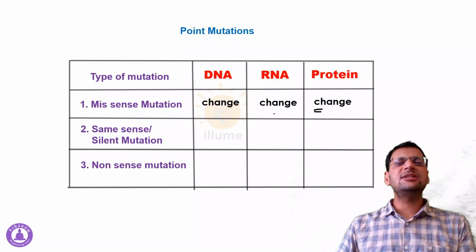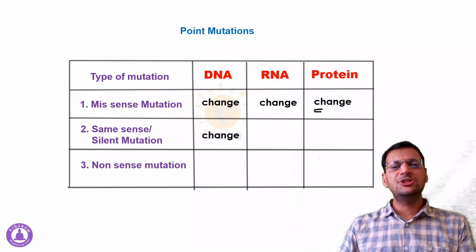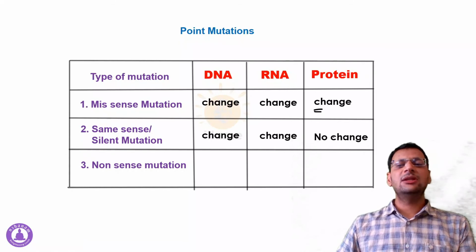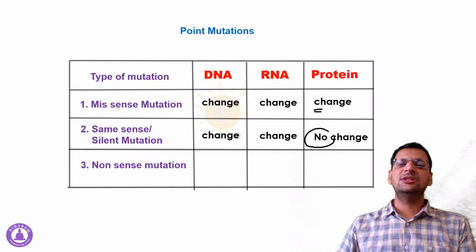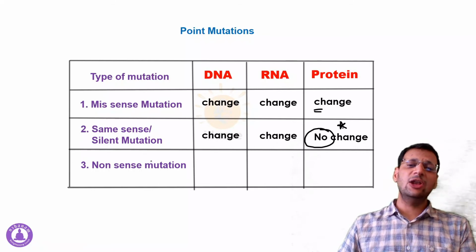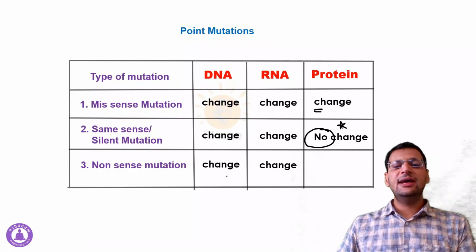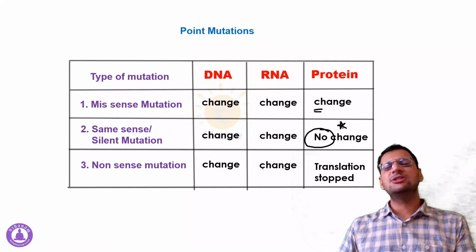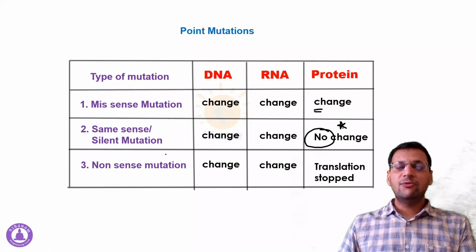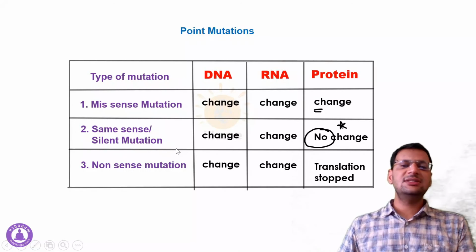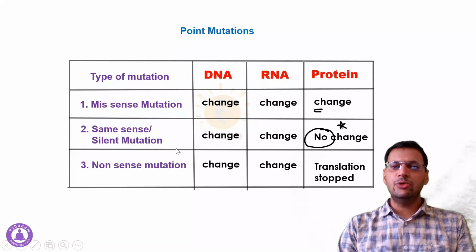In the same sense type of mutation, obviously DNA would change, RNA would also change, but there would be no change in the protein structure because the same amino acid is being coded. And in nonsense mutation, surely DNA and RNA would change and translation would stop there. It won't progress further. So these are three kinds of point mutations.